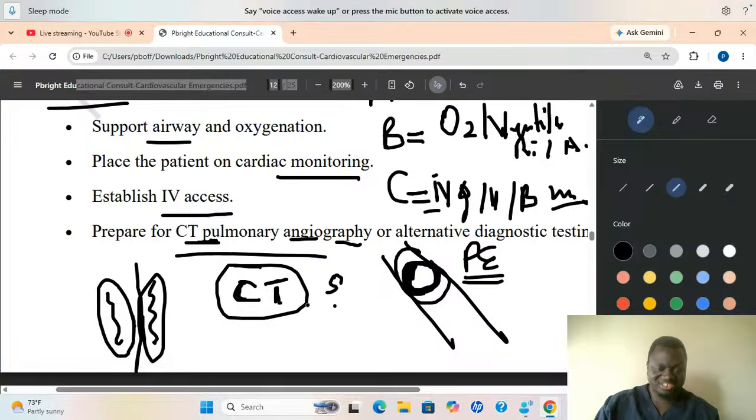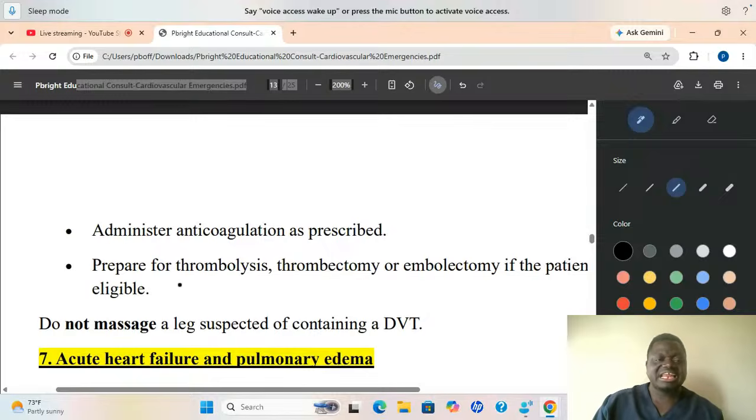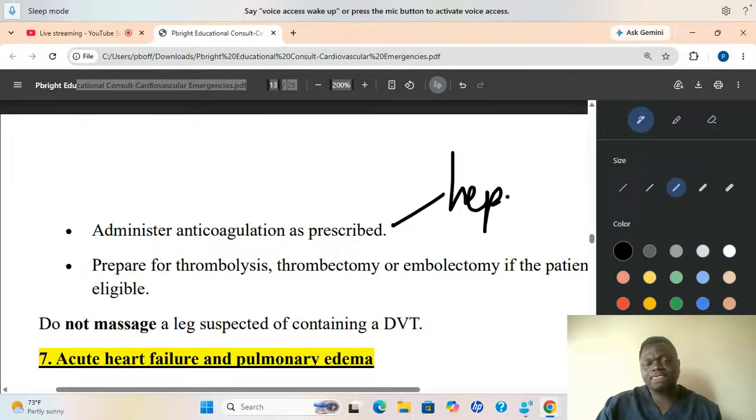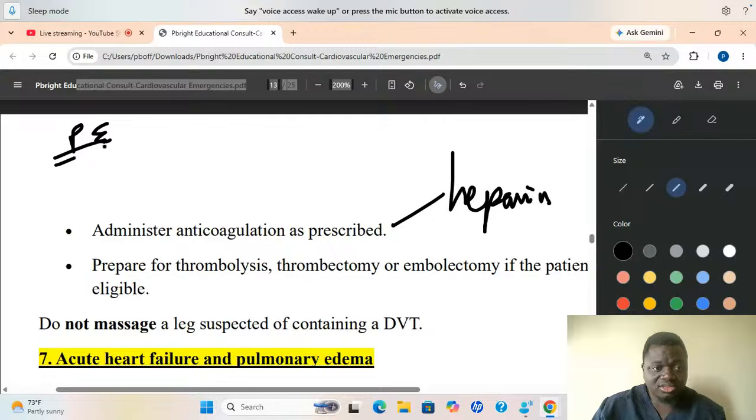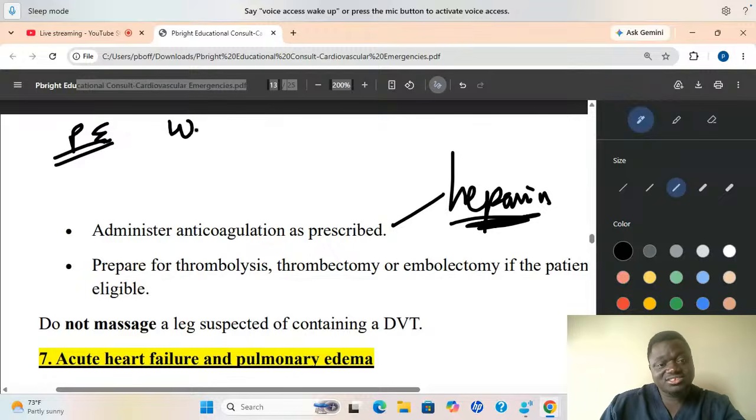Okay, good. Then administer anticoagulant as prescribed, and you prepare for thrombolysis. Sometimes we give a heparin drip. In pulmonary embolism, when a patient comes, before you give your heparin, you should first know the patient's weight.